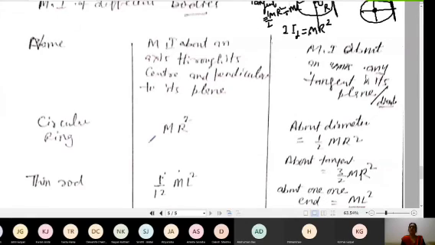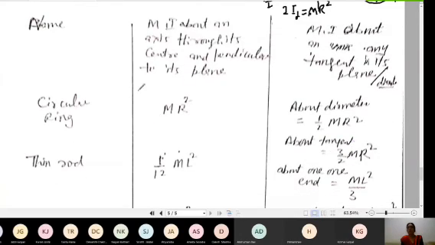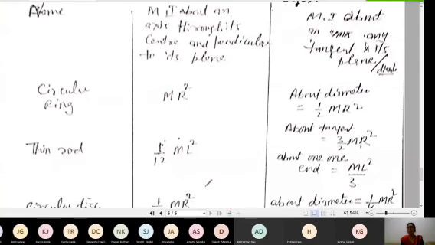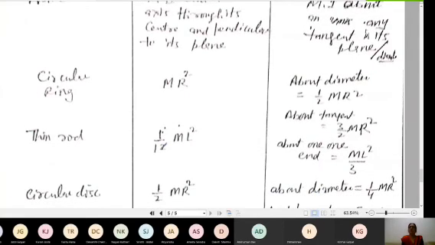If you know this value about its center and perpendicular to its plane, then other values can be calculated by the knowledge of the parallel axis theorem and the perpendicular axis theorem. This value will be given to you, and you need not cram the rest. Only this column you can keep in your mind, and the rest of the things you can find by the knowledge of the perpendicular axis and parallel axis theorems.